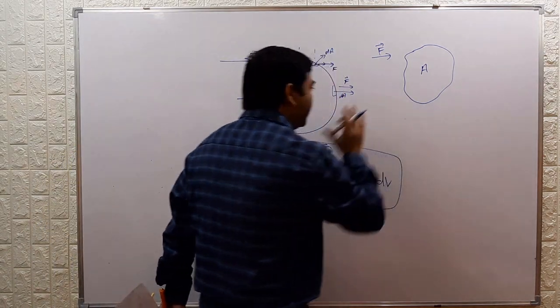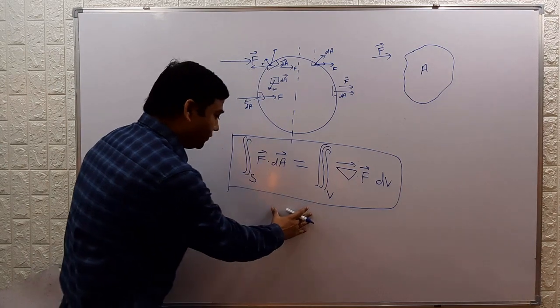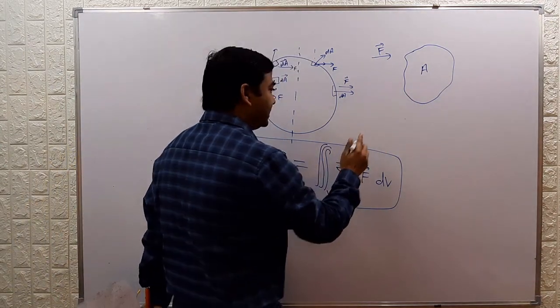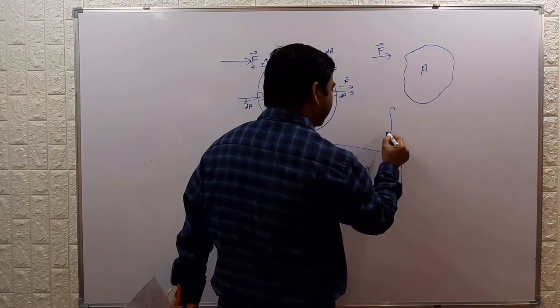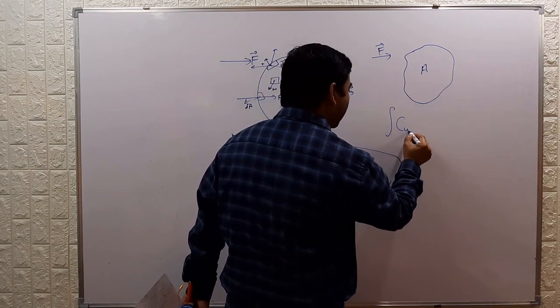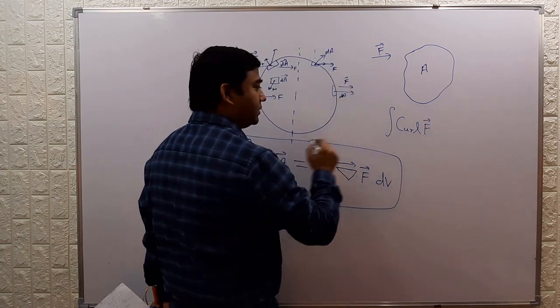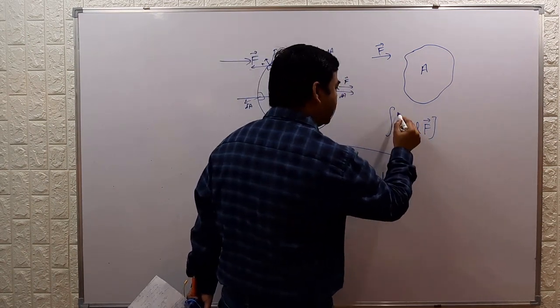So the statement of Stokes' theorem is written as curl of F dot dA. Curl is a vector, we have discussed what is curl.